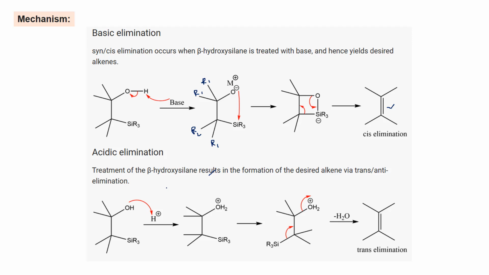But in case of an acid-catalyzed reaction, it undergoes an anti-elimination pathway, where this OH gets protonated first, forming this OH2 plus. Now to eliminate this OH2 plus from the system, it has to be anti to the silicon group. So this bond rotates and the silicon becomes anti to the OH2 group. After that it undergoes an anti-elimination, forming this as a product.